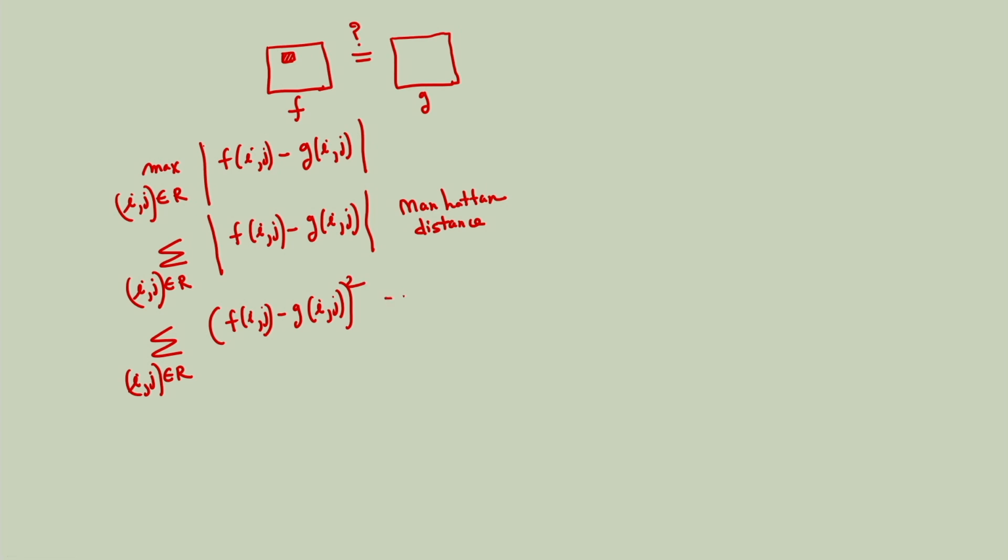This is called SSD, sum squared difference. Sum squared difference, that is also the Euclidean distance, which is very popular.